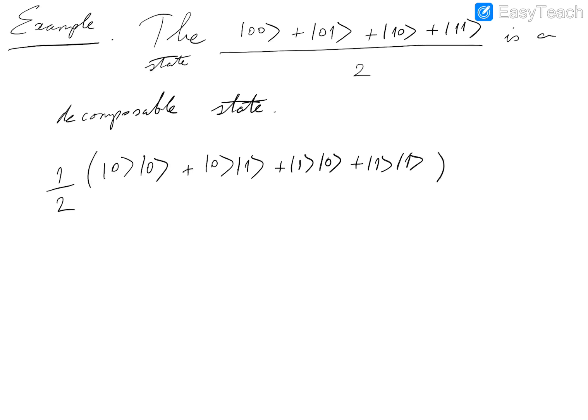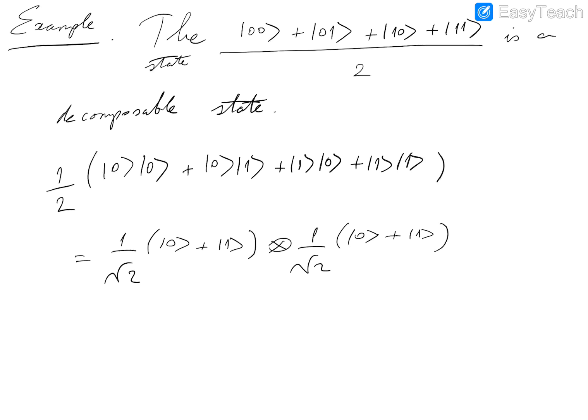And this is equal to the tensor product of 1/√2 (|0> + |1>) tensor 1/√2 (|0> + |1>).